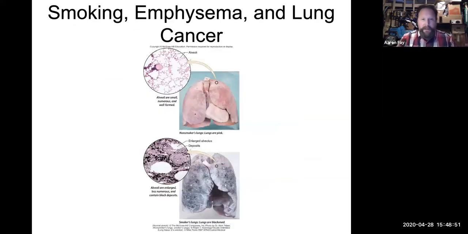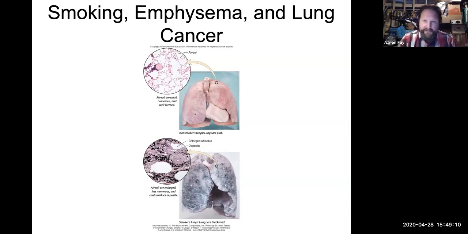All right. So the last thing we have here is our ubiquitous public service announcement, just showing you what can happen after a lifetime of smoking. Though I should point out that smoking isn't the only cause of this kind of damage.